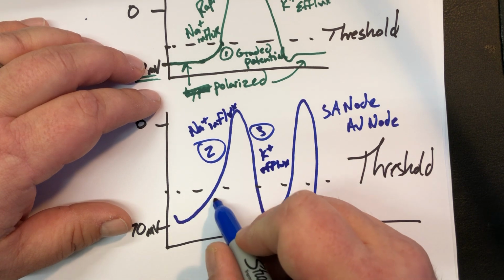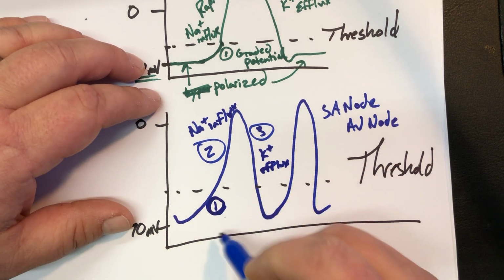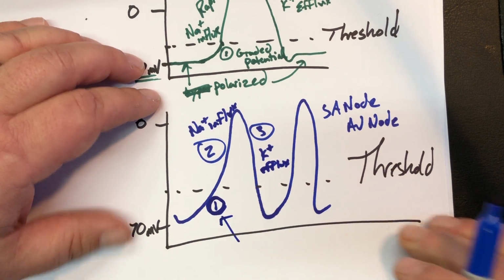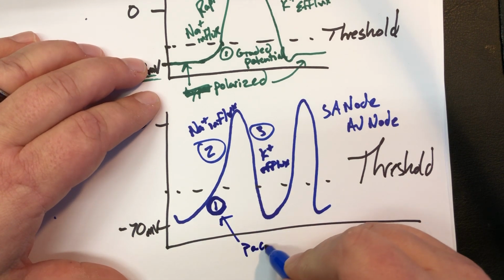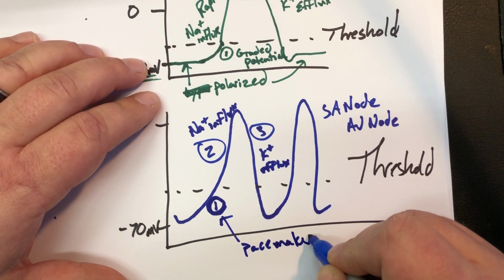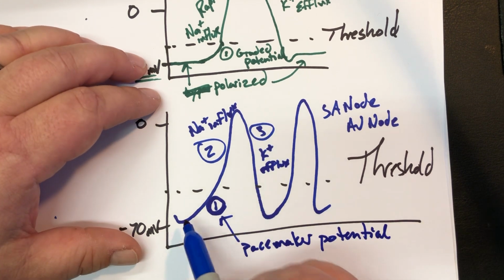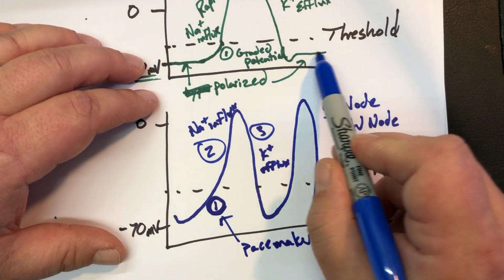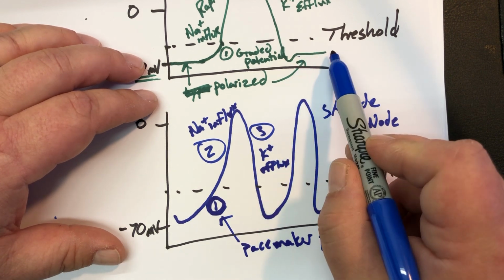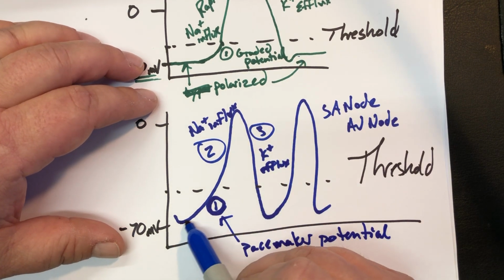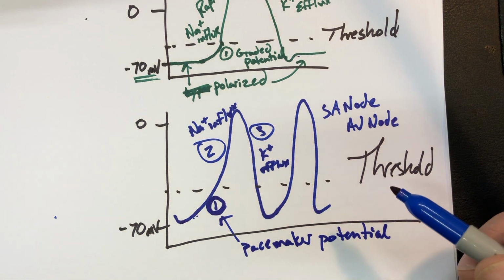Okay, now what's different is number 1. So number 1 is the pacemaker potential. So the pacemaker potential will, instead of just holding at 0 like in a neuron, automatically regenerate back up to threshold.